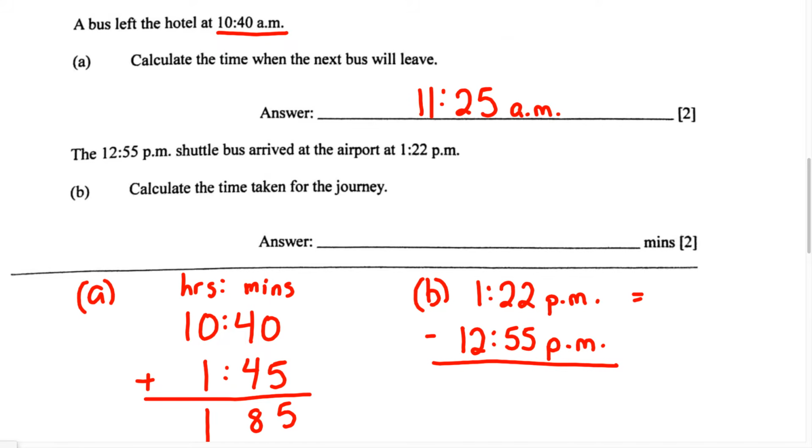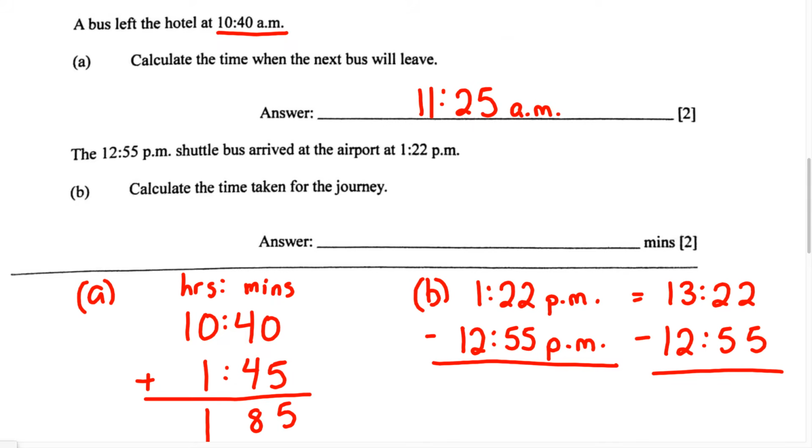We can say 12 plus 1 is going to give us 13:22 minus, now to change 12:55 p.m. to the 24-hour clock, we're just going to drop the p.m. So we have 12:55.